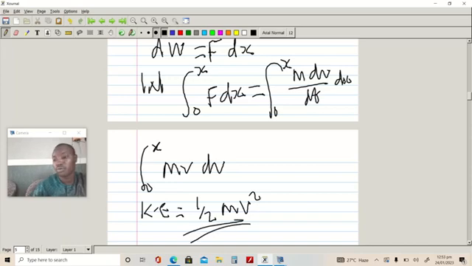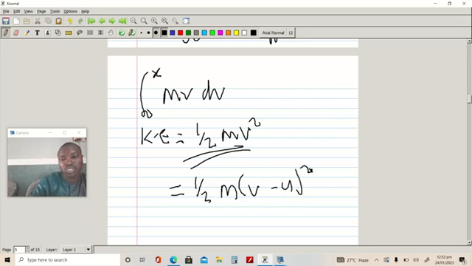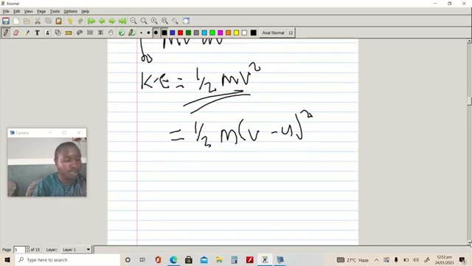That was how they arrive at the formula of kinetic energy. If the body moves through two velocities, an initial velocity and a final velocity, the kinetic energy is half m into bracket v minus u everything squared, if there is a velocity change in the body.